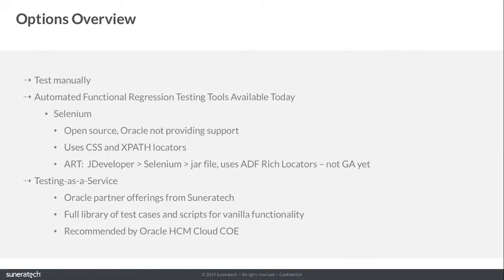Then the other option is to go testing as a service. And when you talk to me about testing as a service, I continually point customers at Syneratech. The reason I point them at Syneratech is you got the platform, you got the test cases, you got the test scripts. In fact, I'll let you in on a little secret. And I'll probably get my wrist slapped for saying this out loud, but I'm going to anyway.